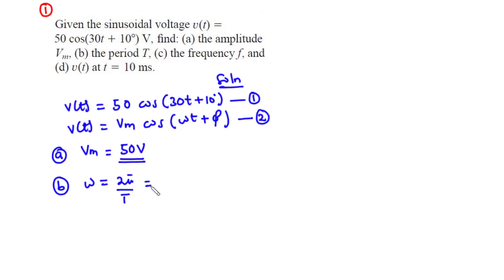Therefore, we have 2 pi over t equals 30. Now let's try to find the value of t. So we interchange the positions of t and then 30, so that we have t equals 2 pi over 30, and that is equal to 0.2094 seconds.